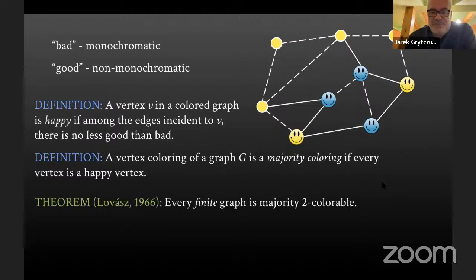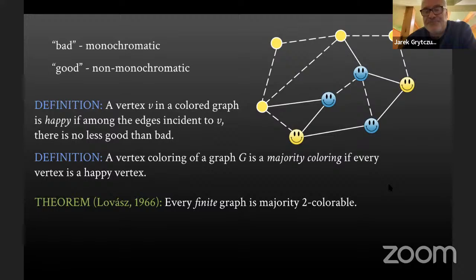Well, here is an old result by Lovász that was originally formulated in a different way, but this result says exactly that every finite graph has a majority coloring by just 2 colors. So we can still make all vertices happy with just 2 colors.